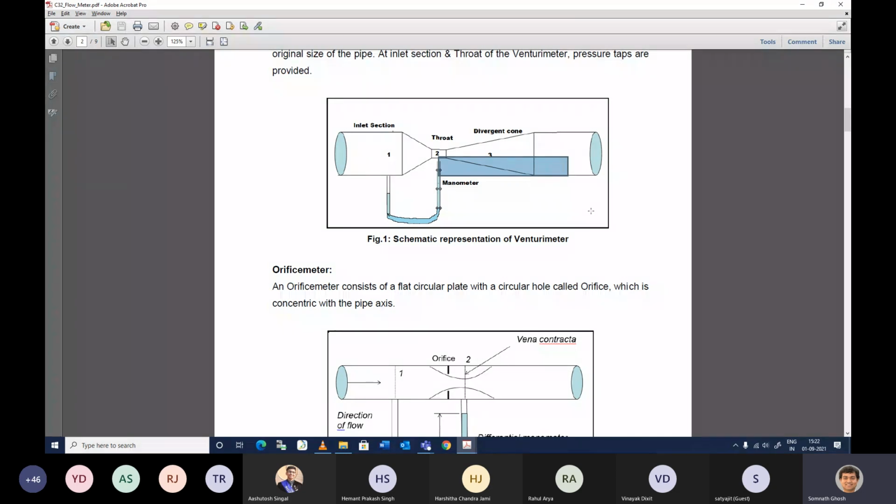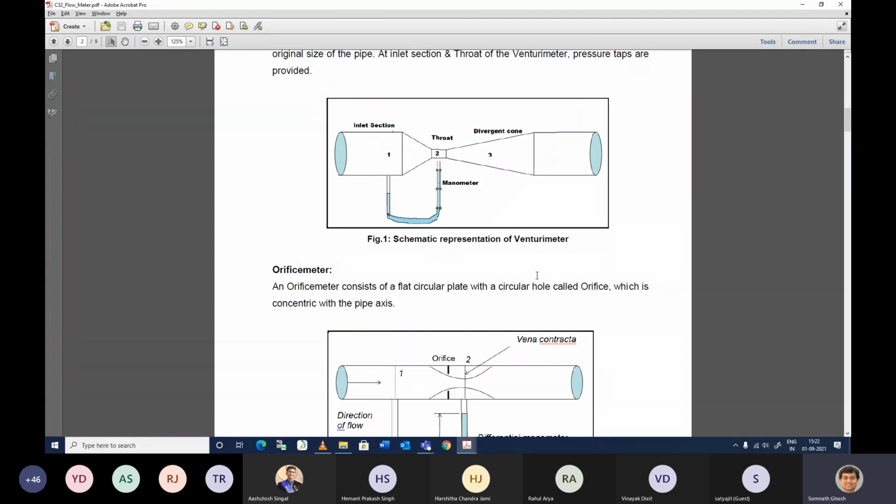You can make it very large, but then it will cost certain energy. So there is a specific reason for the diverging section having a certain average angle compared to the converging section. There is a scientific reason behind that.